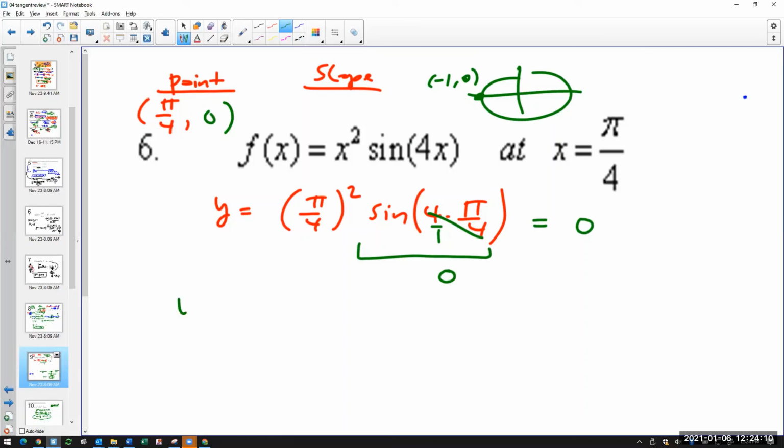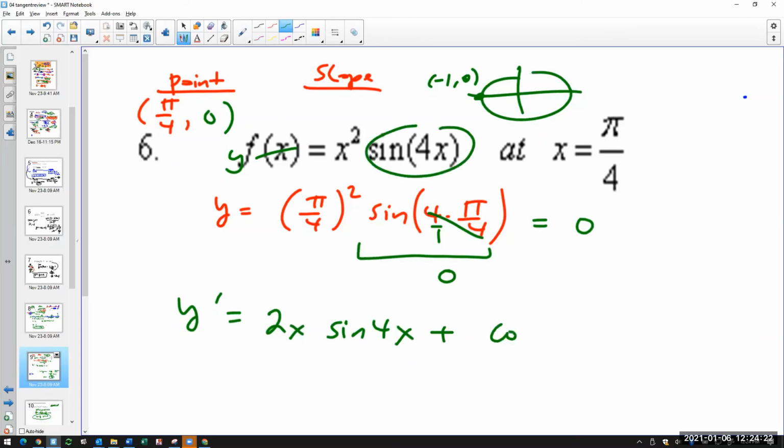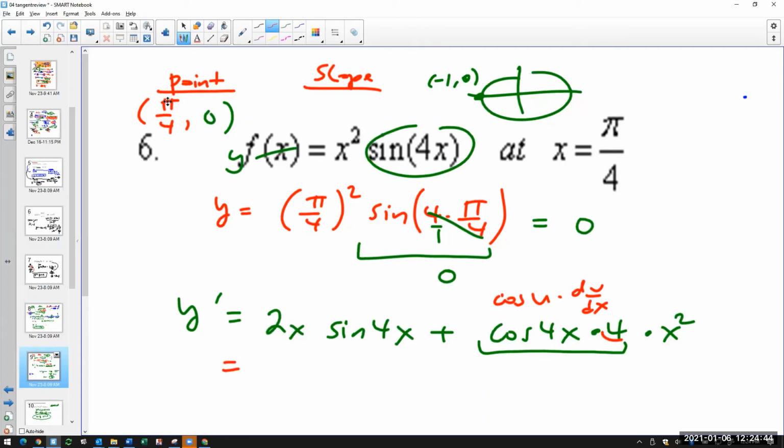All right. What is y prime? I'm calling this y. Y prime is going to be the derivative of the first times the second plus the derivative of the second, which is cosine 4x times 4, right? So cosine 4x times 4 times the second, or sometimes the first. Okay, remember, because this is cosine u times du dx. All right, that's where this 4 comes from. Okay, so then every x is going to be pi over 4.